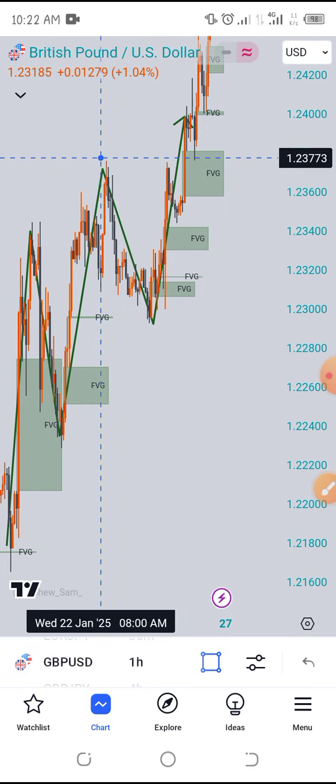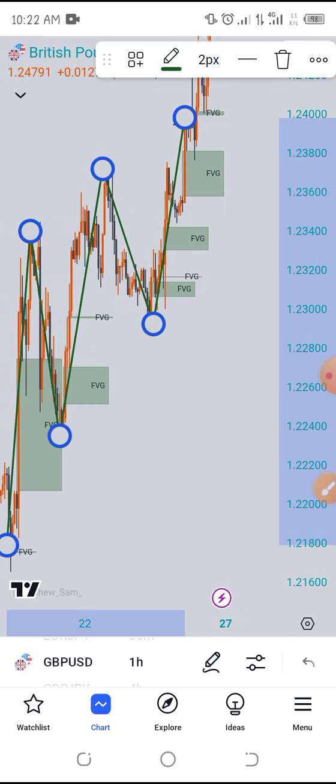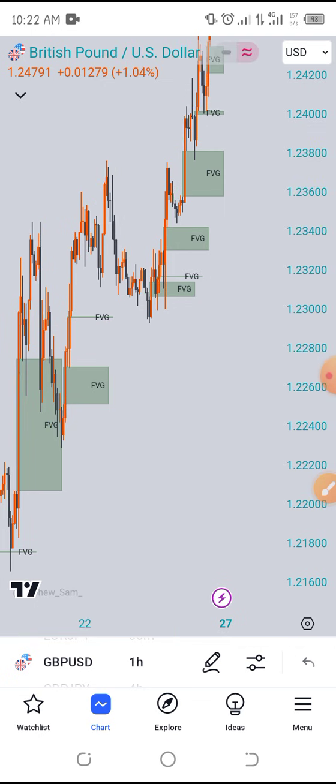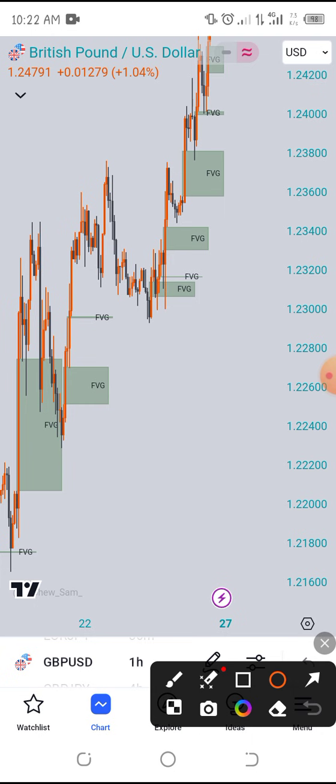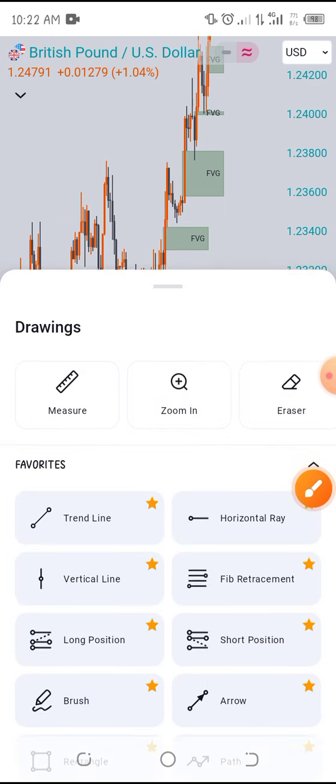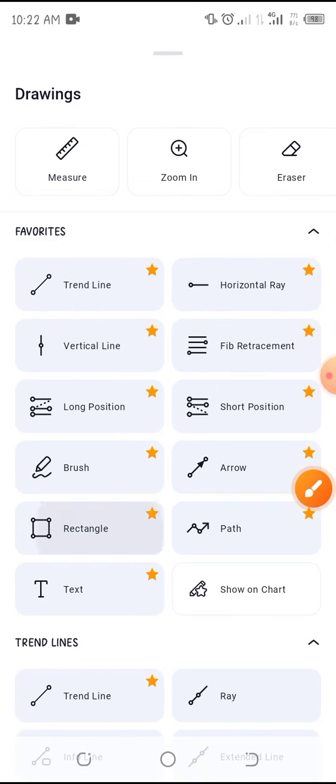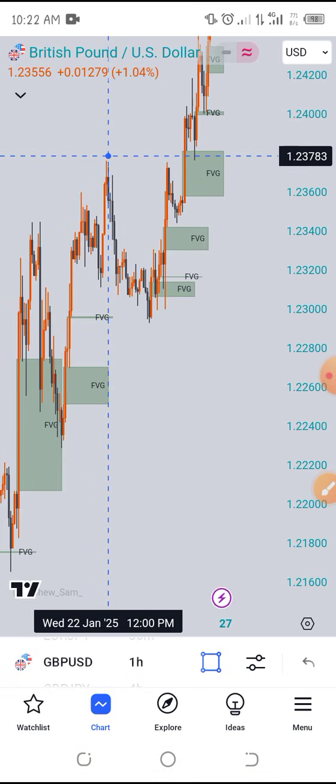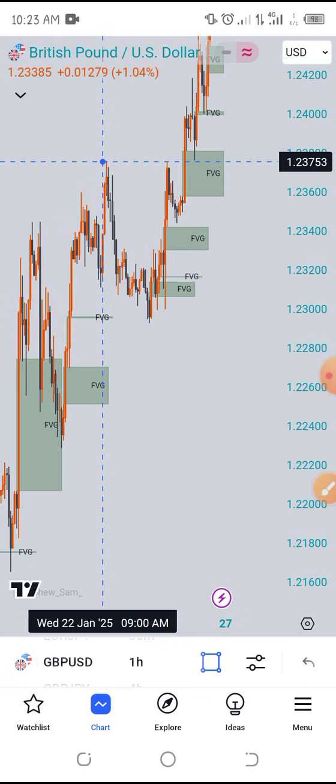Can you see? Now let me even take out my structure references so that you can see the market clearly. You see these two highs were the levels that I used. The breakout of those two highs was the level that I used, and the reason why I used them I'm going to explain. So this was what I did, guys.